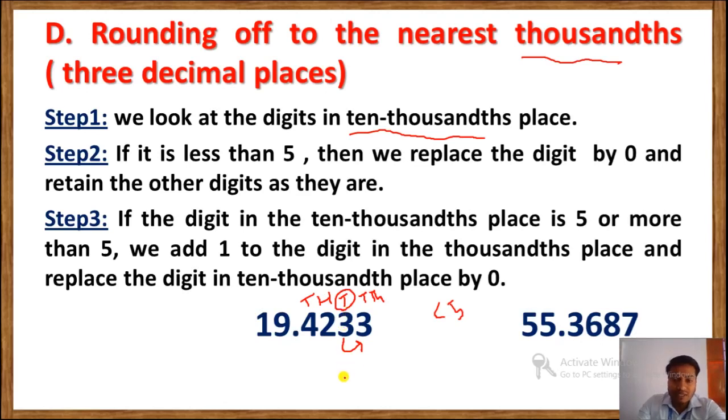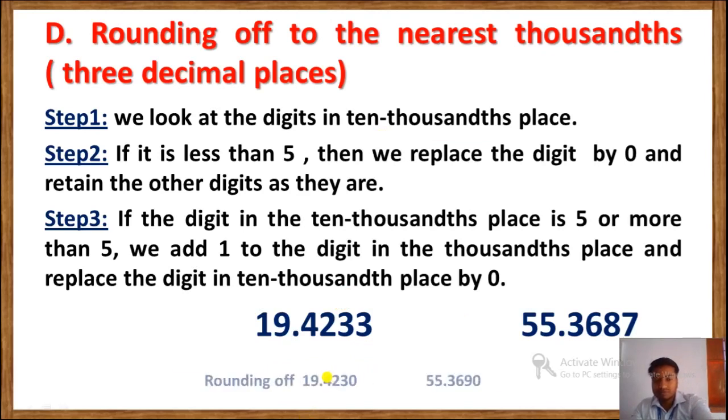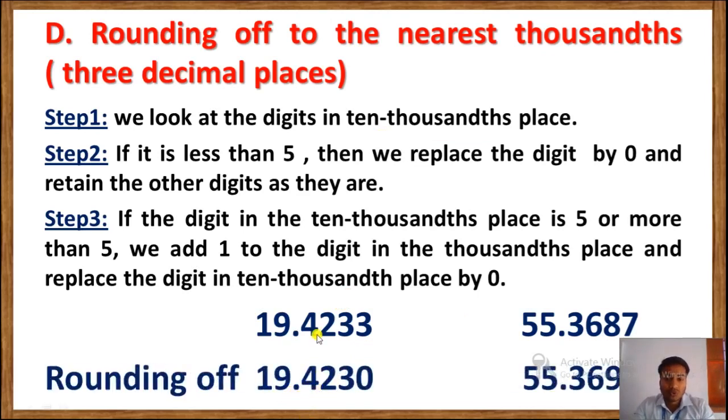That means this will be 3 only, and this side will be as it is. 19.42. Okay, see the answer, 19.42. 3 will be the same, and this one only we need to replace by 0, because this 3 is less than 5. Now see another example.